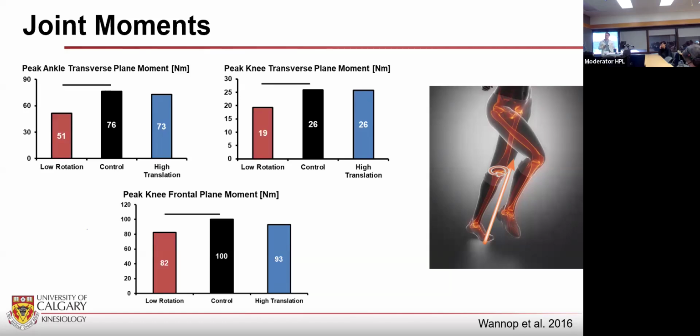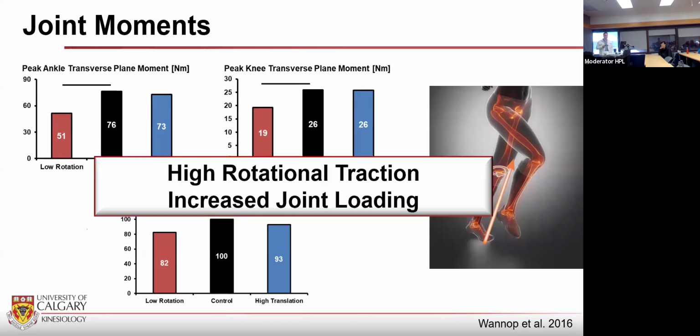However, when we compare the data to the low rotation shoe in red, the shoe where we decreased the rotational traction, we had a significant reduction in both these ankle and knee joint loads, so these joint moments. What we concluded from this study was that high rotational traction was associated with increased joint loading represented by these joint moments.